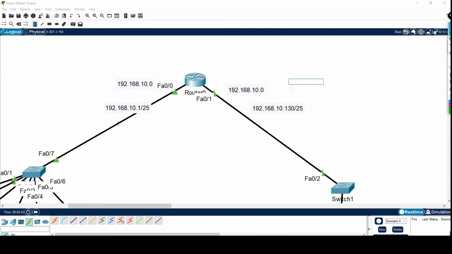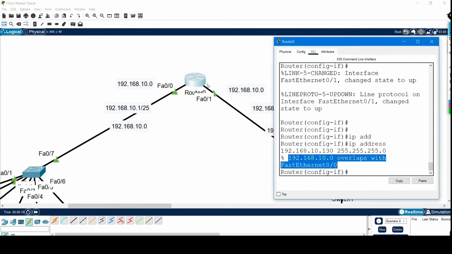Because now the network ID of the IP address running on F0/0 is 192.168.10.0, and the network ID running on F0/1 is 192.168.10.128. Now you can see the network IDs of both IP addresses are different.